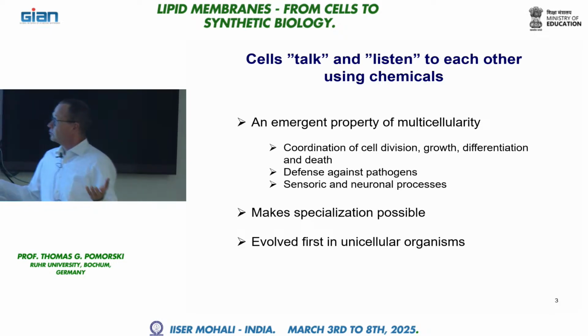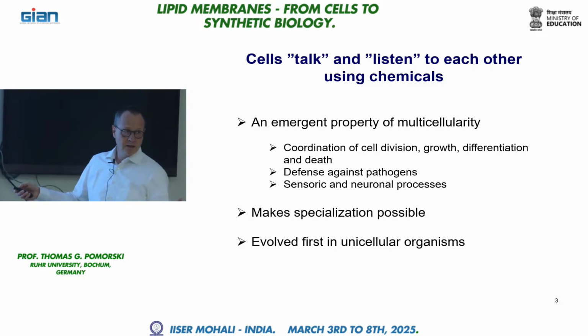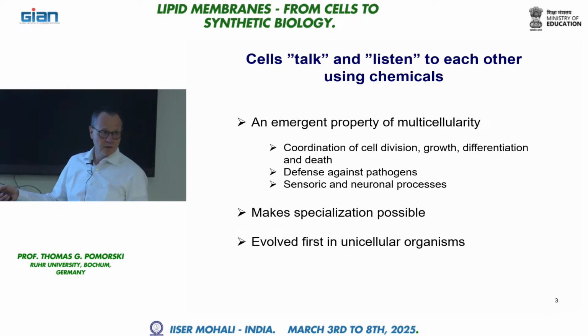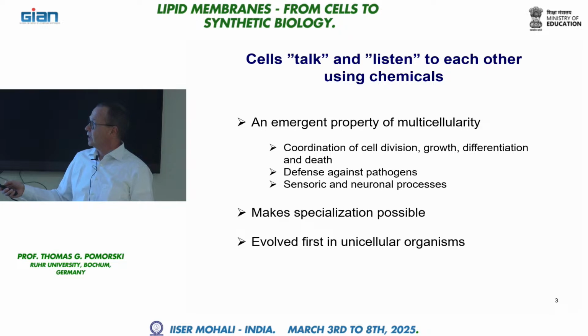So definitely, without cell signaling, no multicellular organism would be possible. No specialization would be possible. And the signaling allows the coordination of cell division, growth, and differentiation. It allows the fight against pathogens from the outside, and it's important for sensory and neural processes.